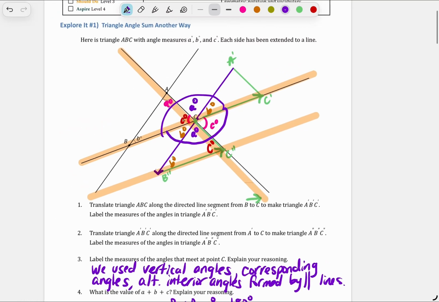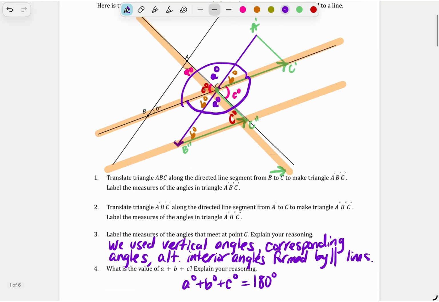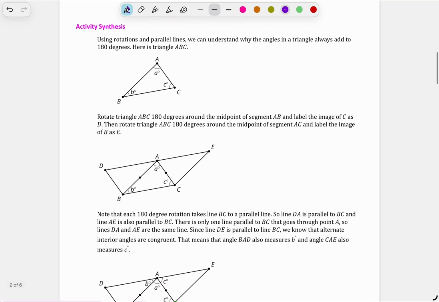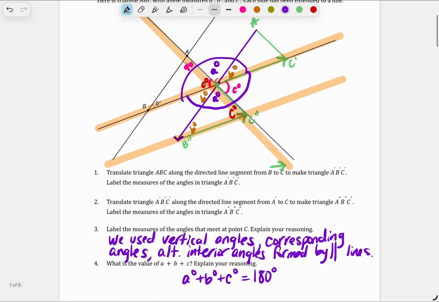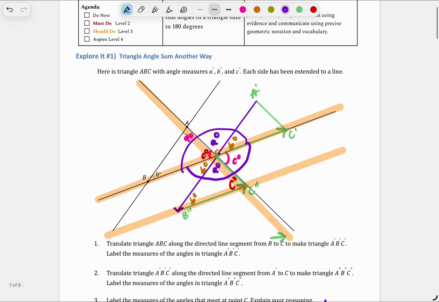Okay, so once you have this down, you can move on to check out the activity synthesis. So the top exploration activity used translation to slide the triangle around.